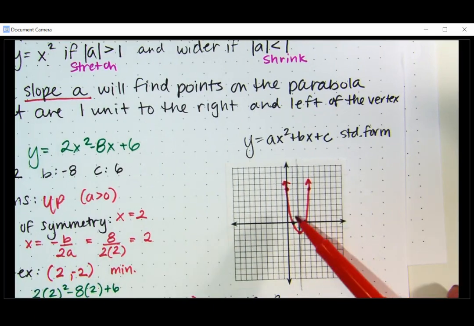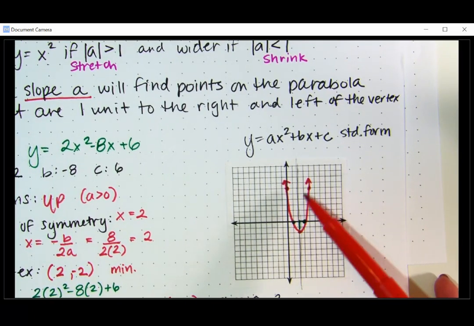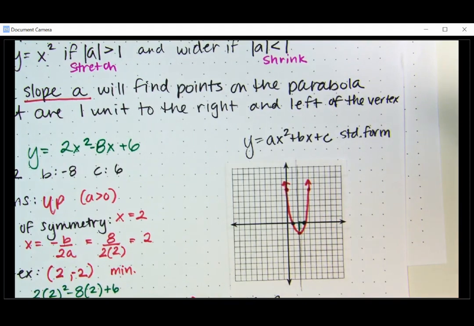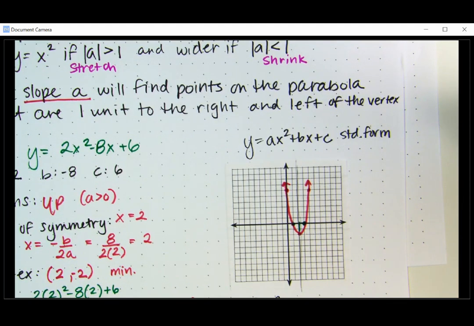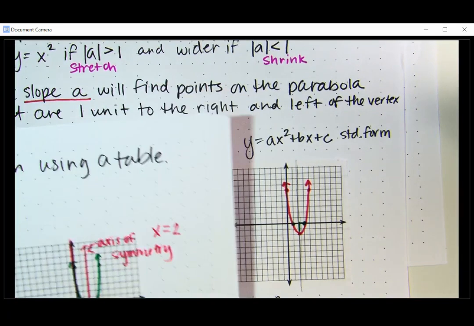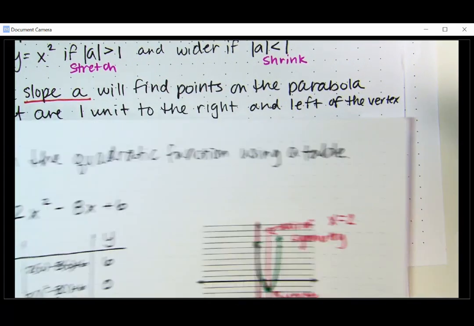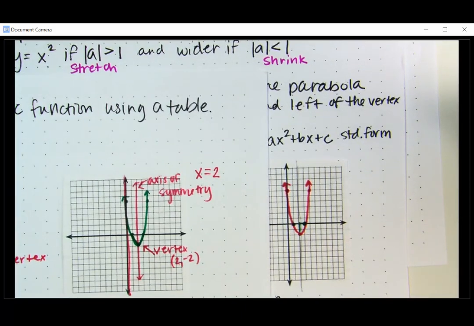Now we got lucky because we were given the y-intercept. Usually you want to have 5 points on your parabola. And if we look at the example from yesterday, for the 2x squared minus 8x plus 6, if we look, I got the exact same graph.